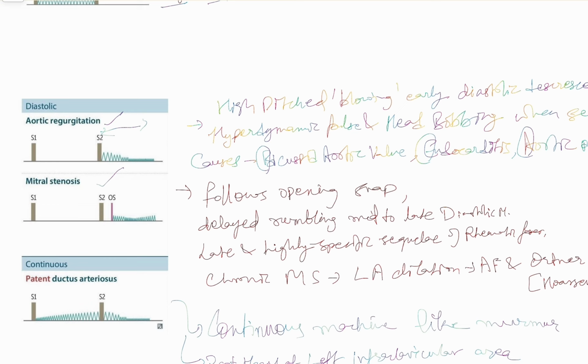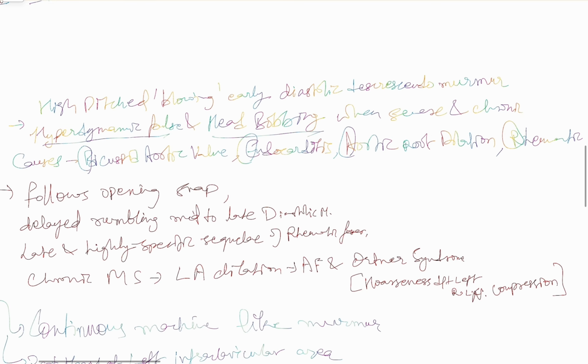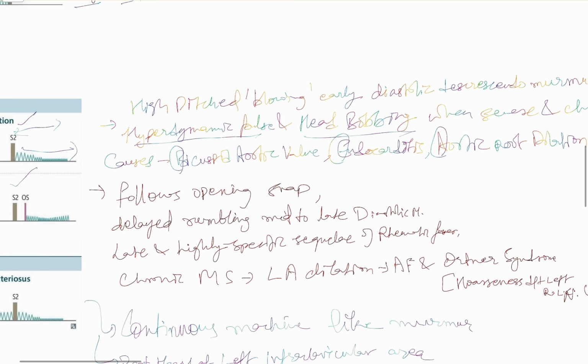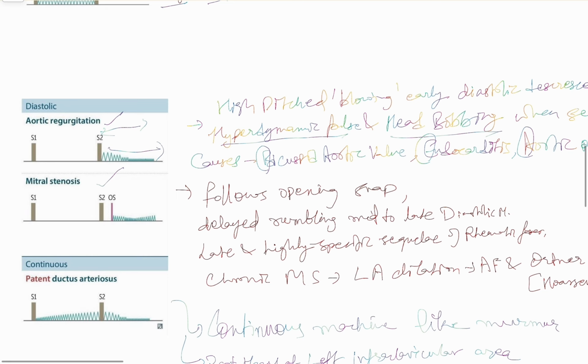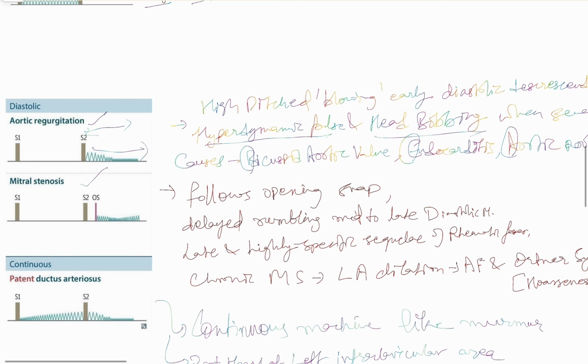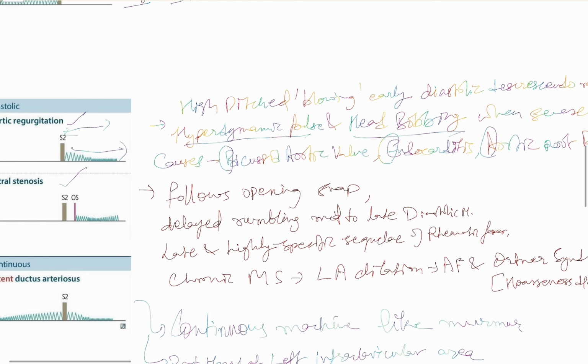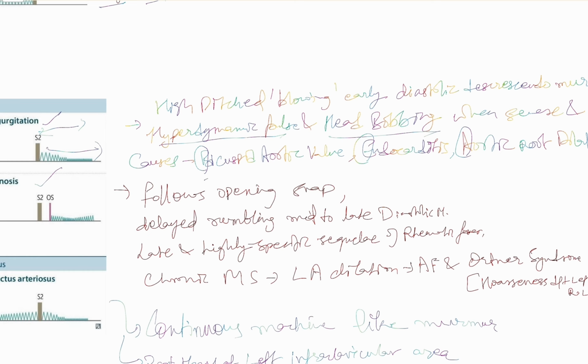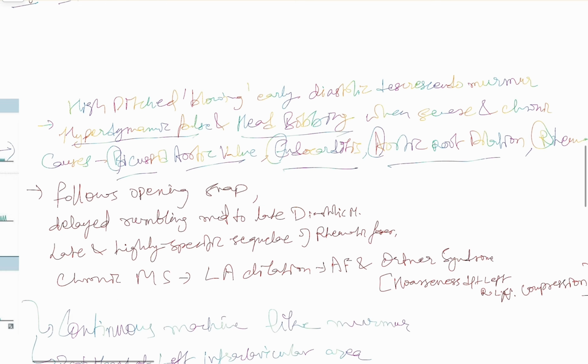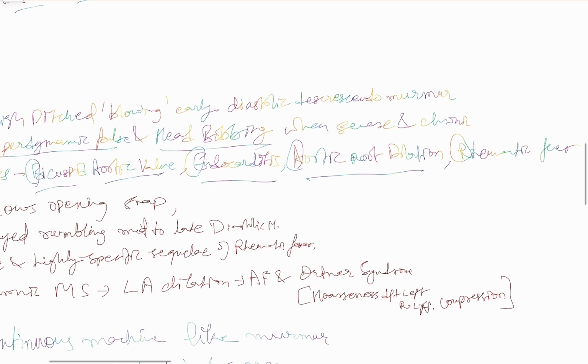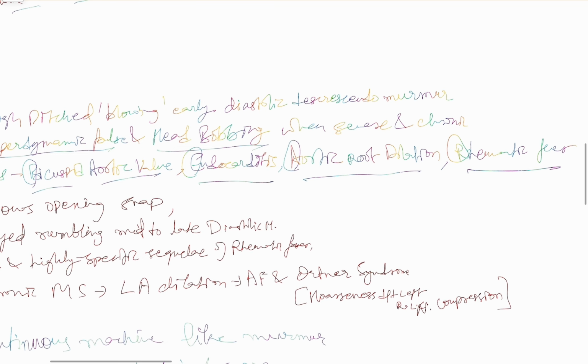It can also present as a hyperdynamic pulse along with head bobbing, and it is severe and chronic. Causes of the aortic regurgitation murmur include bicuspid aortic valve, endocarditis, aortic root dilation, and rheumatic fever.